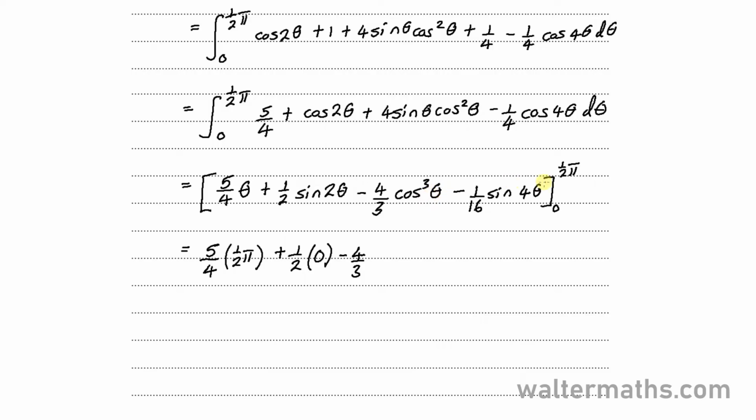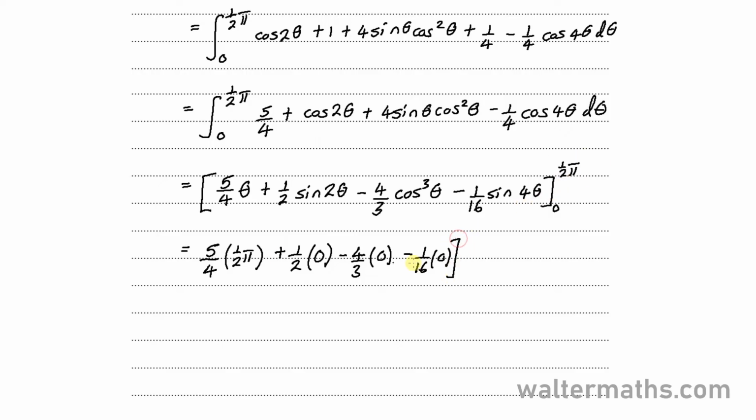Now cos of a half pi is 0, so again this is going to be 0, and it's minus 1/16 of sine of 4 of a half pi, which again is 0, so we have a 0 here. So we've substituted a half pi.